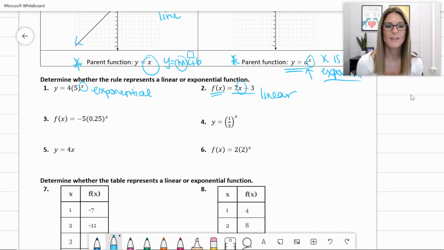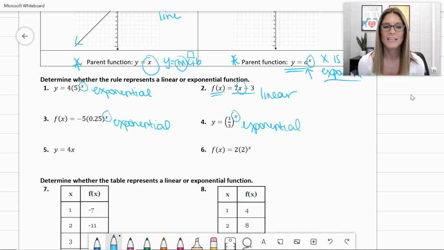Number three, f of x equals -5 times 25 hundredths raised to the x. Again, the x is our exponent, so this is an exponential function. Number four, y equals 1/3 raised to the x. Again, the x is our exponent. This is an exponential function.